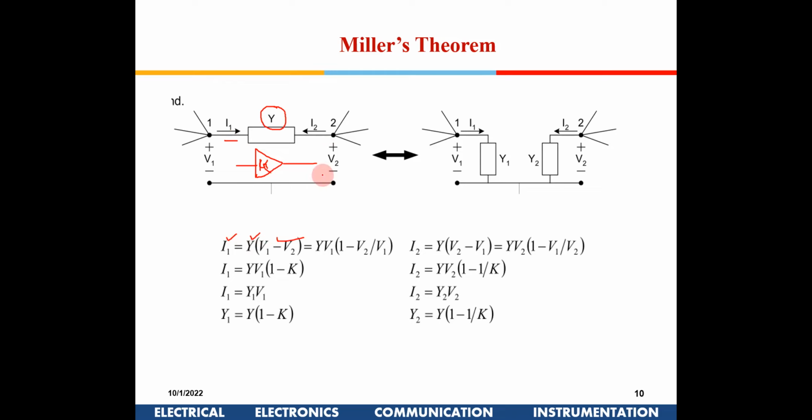This is V2. So the current flowing here will be V1 minus V2, because this is the voltage V1, this is the voltage V2. So if I take V1 common out here, it will be V1 into 1 minus V2 by V1, and since the relation between V2 and V1 is defined by the gain K, I can write it as K. So this equation becomes like this.